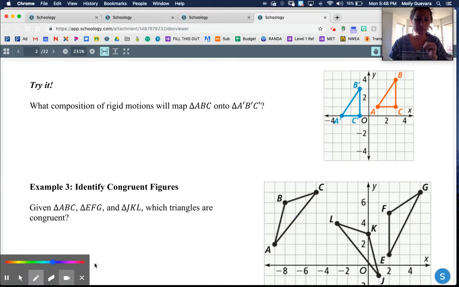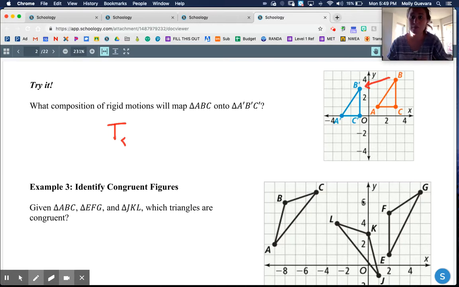So because of that, we're kind of lucky. It's just a slide. It's just a translation. So now I just have to figure out how far did it translate, right? So go ahead and do this real quick. Figure out how far did it translate, and then we'll check our work.